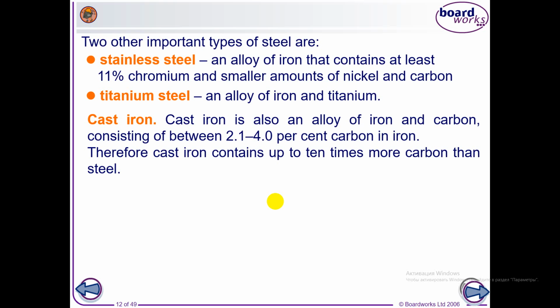This carbon gives it excellent casting properties, making it possible to produce many complex items and shapes by casting. This is explained by referring to the phase diagram that I will show later.